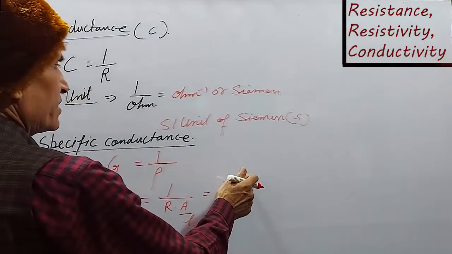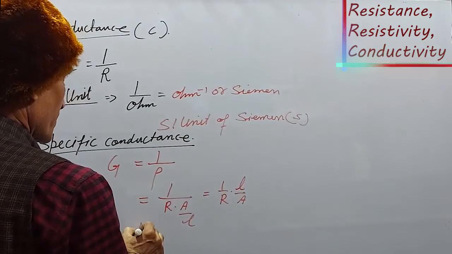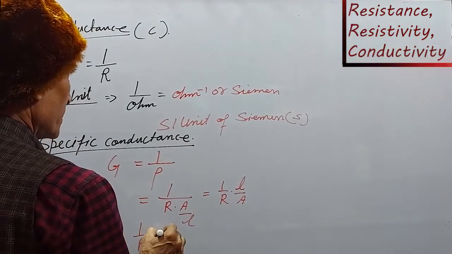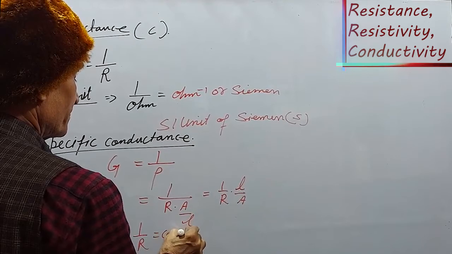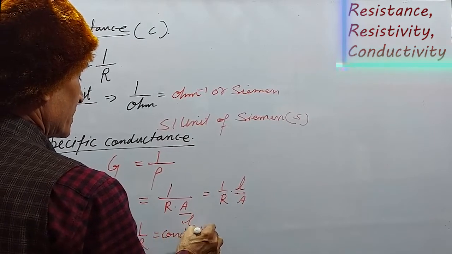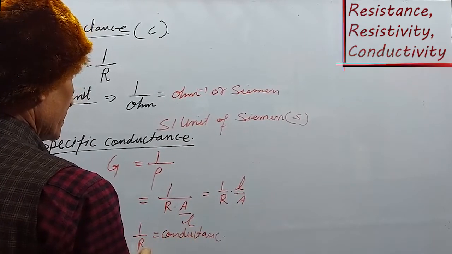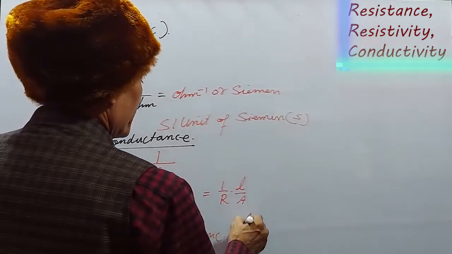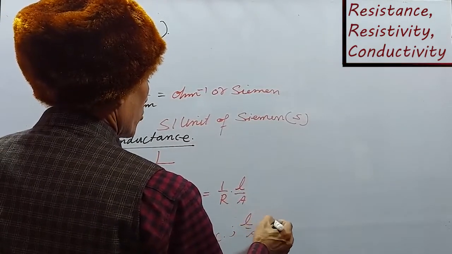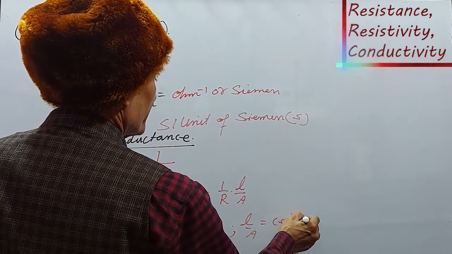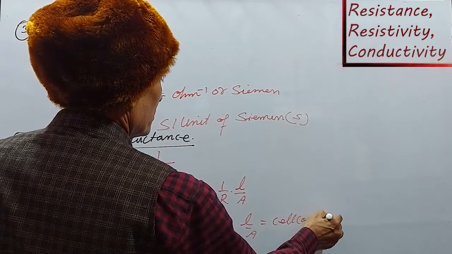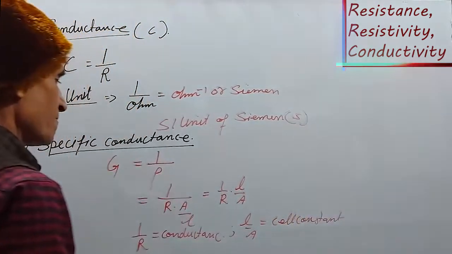Here L by A is called cell constant. 1 by R equals conductance, and L by A is called cell constant, which depends on the dimension of the cell.